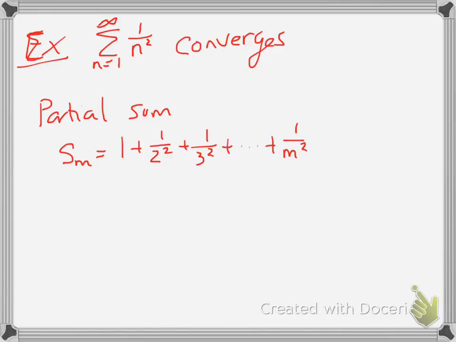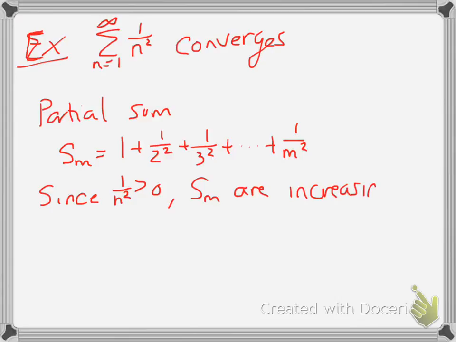Now, since the 1 over n squareds are always strictly positive, the Sm's have to be increasing. So we know our sequence is increasing. The question is, is our sequence bounded?